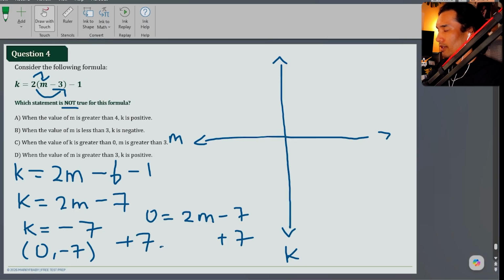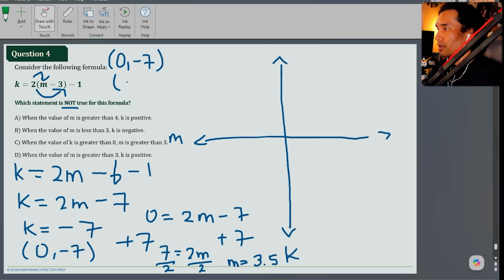That's going to give us 7 equals 2m. Divide by 2. That's going to give me m equals, what's 7 divided by 2? That's an easy one. That's 3.5. So our ordered pairs are now 0, negative 7, and also 3.5, 0. And I'm going to underline this 3.5.